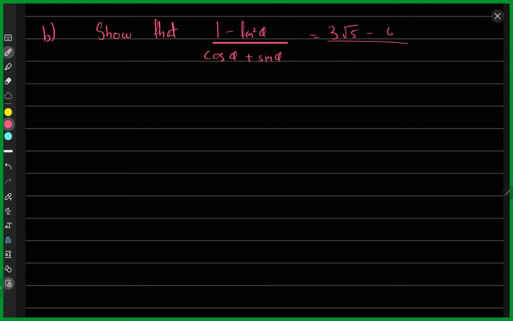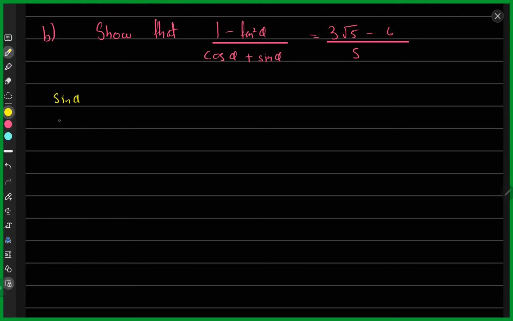The next part says show that 1 minus tan square theta divided by cos theta plus sine theta for the same scenario is basically 3√5 minus 6 divided by 5.